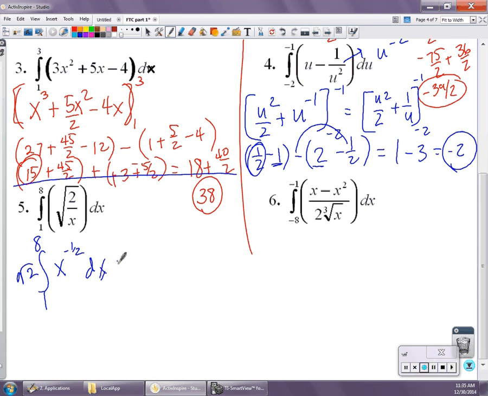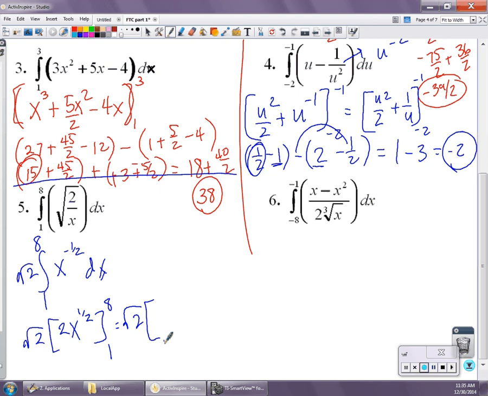So when I find the antiderivative, I'll keep my square root of 2 out front. I'll find the antiderivative by increasing the power by 1, which will give me x to the 1/2 divided by 1/2, which is 2, from 1 to 8, and then I'll have the square root of 2 times, and then I'll evaluate the 8, and then I'll evaluate the 1 and do the arithmetic.